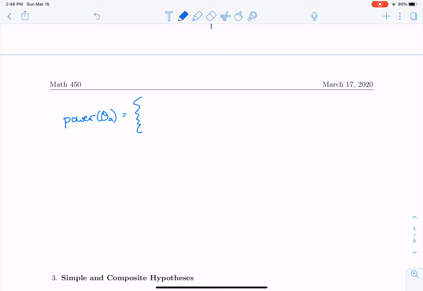It seems to be our alternative theta A plus 0.05. But when is that going to work? Well, that'll work as long as theta A is between negative 0.05 and 0.95. Remember, once we got above 0.95, the power was just 1. Similarly, the power is going to be 0 if theta A is less than negative 0.05.